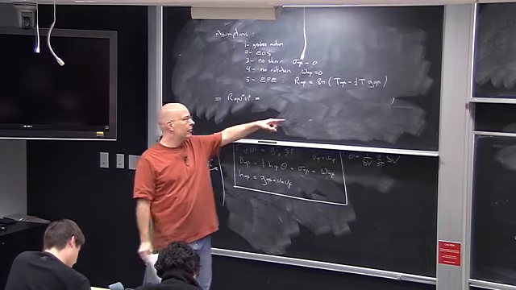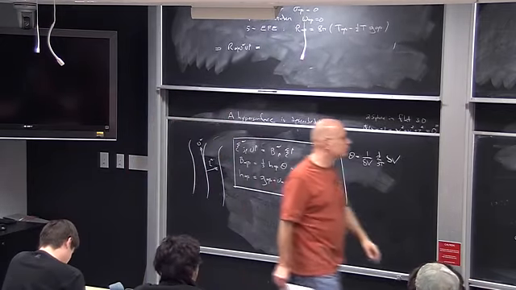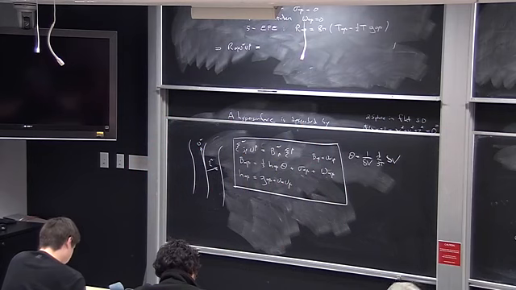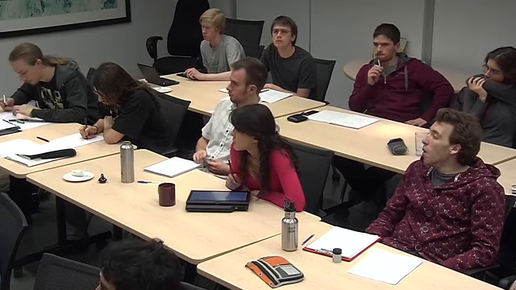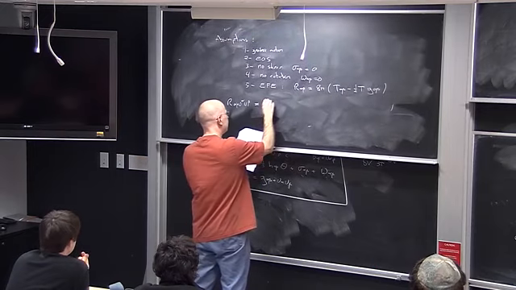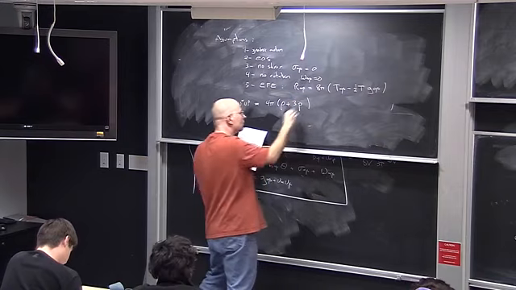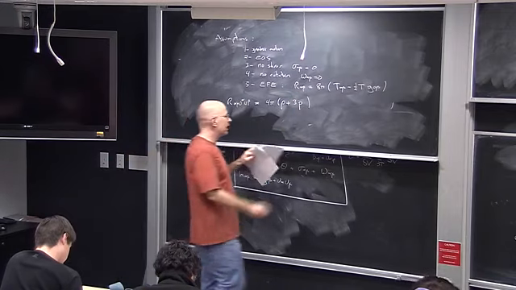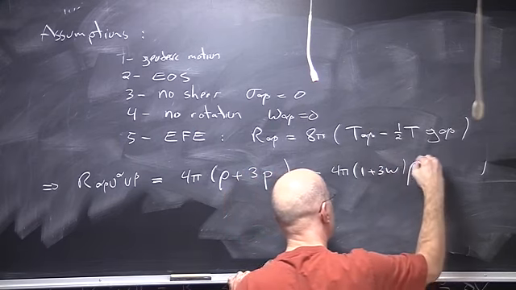If I plug in the T alpha beta that I have over there, and I multiply by U alpha U beta, and I simplify everything using the normalization condition, I can save a couple of steps of algebra here. What you can quickly show is that you're going to get 4 pi (rho plus 3p). So that's coming from the Einstein field equations, and this I can write as 4 pi (1 plus 3w) times rho.